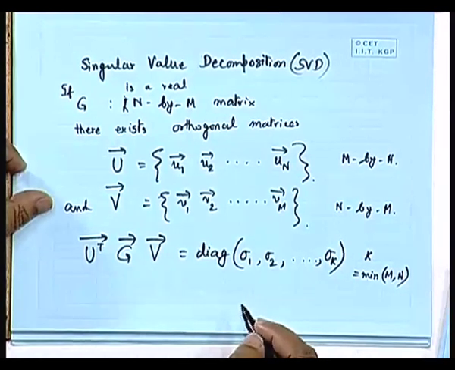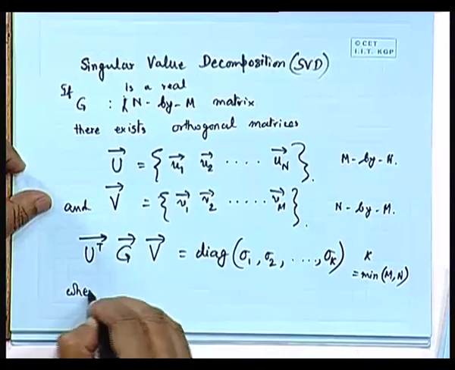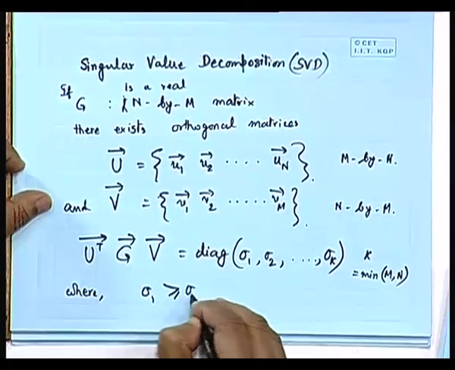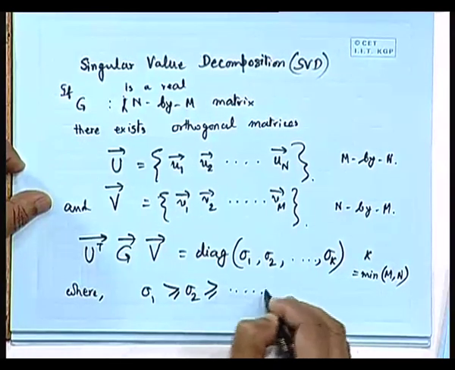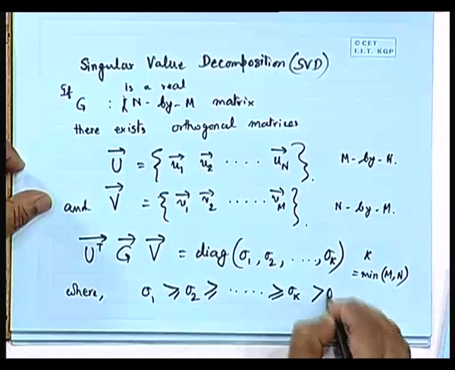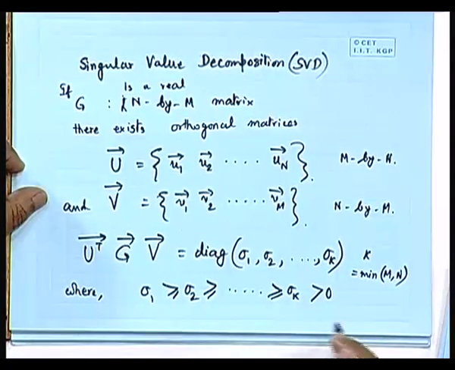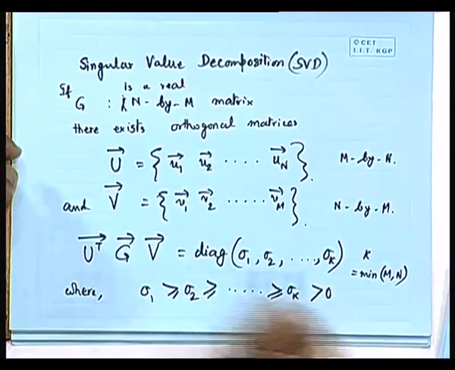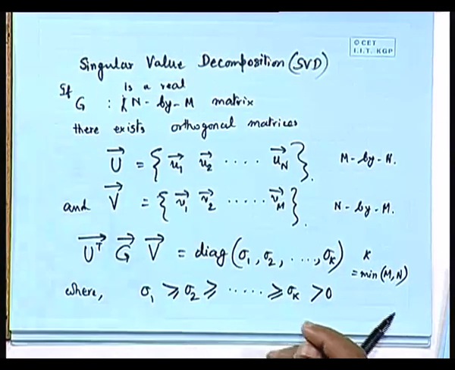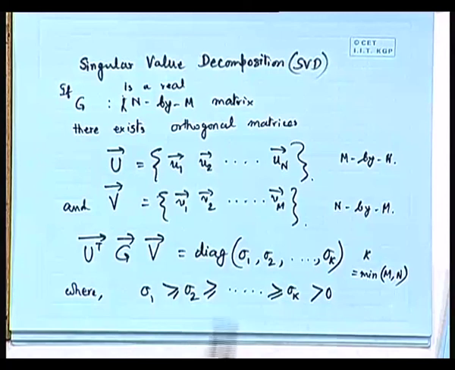The diagonalization is such that sigma 1 is greater than or equal to sigma 2, and so on, ordered up to sigma k, and these should be greater than 0. All these sigmas are called the singular values, and this technique is referred to as singular value decomposition, where we decompose G into such singular values.